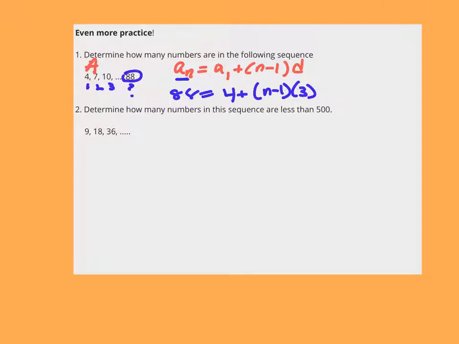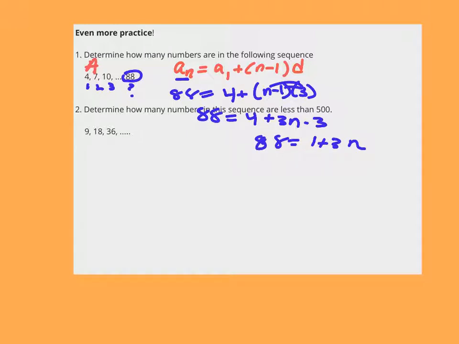So I see that I have 88 is equal to 4 plus 3n minus 3. So I have 88 is equal to 4 minus 3 is 1 plus 3n.